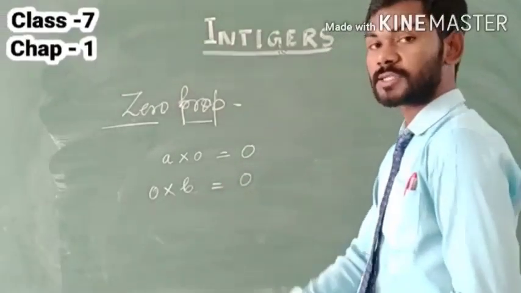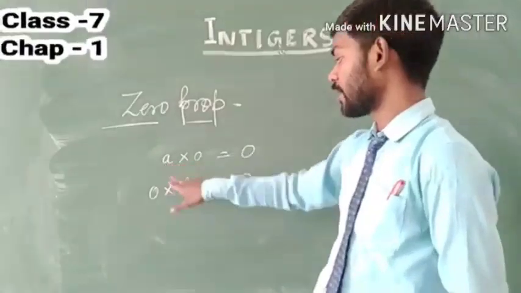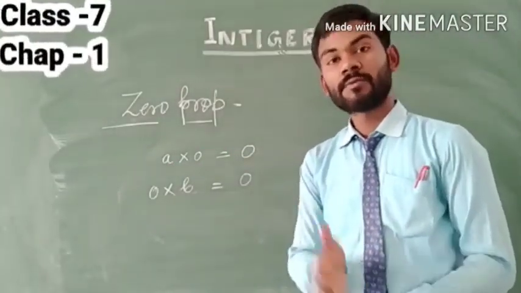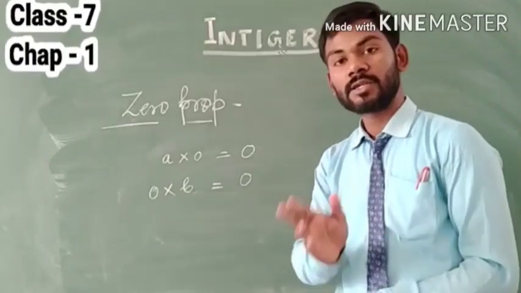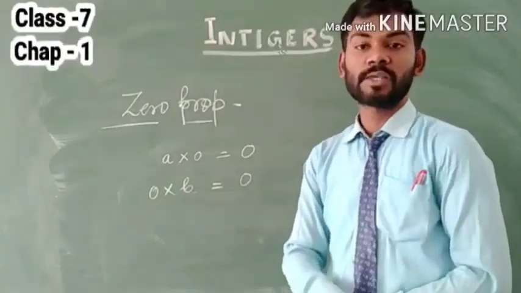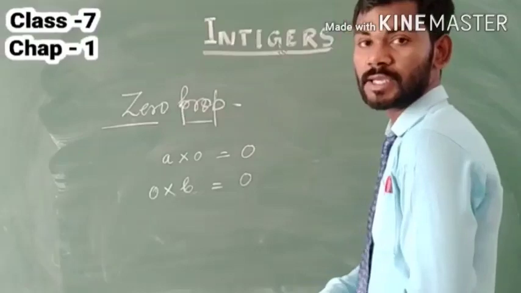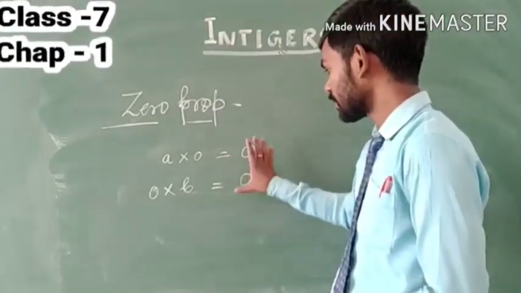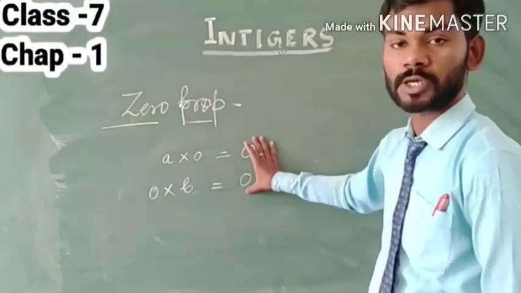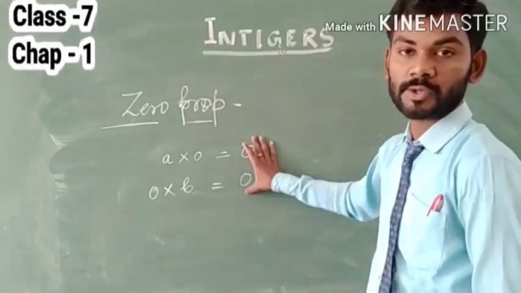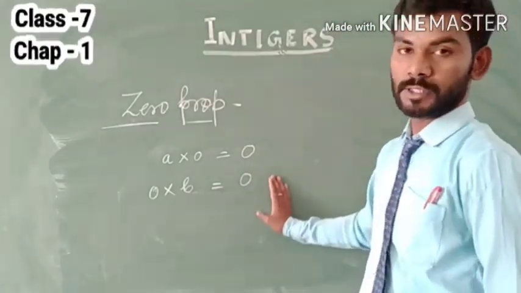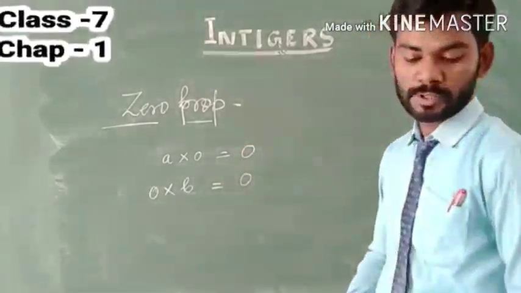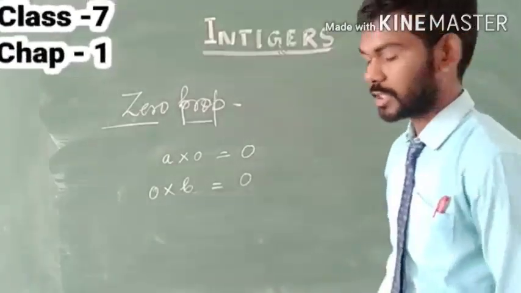It doesn't matter whether a or b is positive or negative; whenever a non-zero number is multiplied by 0, we always get the result 0. So there is no doubt about the sign of the product, it is always 0. This is called the zero property. Students, I hope it is clear.